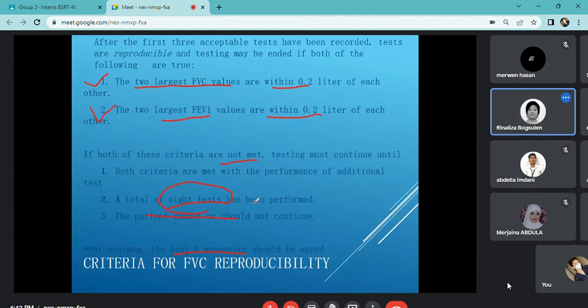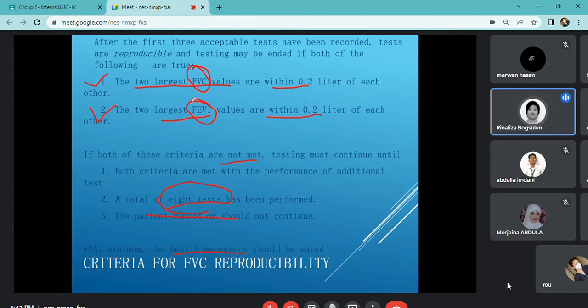Ito, tandaan nyo. The best test should reflect the highest value for your FVC and the highest value for your FEV1, even if they come from 2 different tests. Ulitin ko. The best test that you will choose from among the 3 trials, or 2 trials man kung 2 trials ang ginawa mo, because you have already fulfilled reproducibility and acceptability criteria.